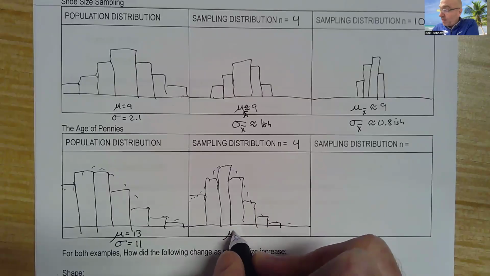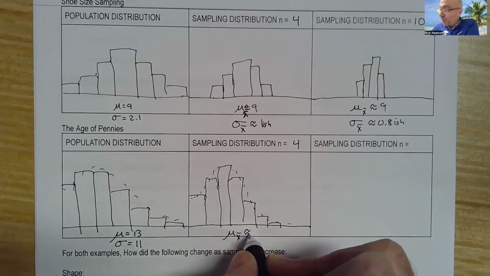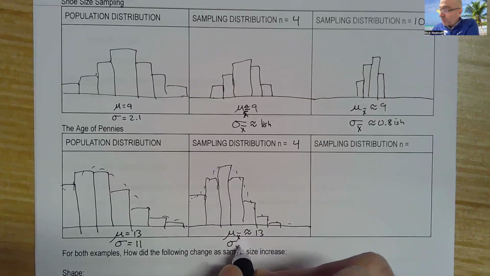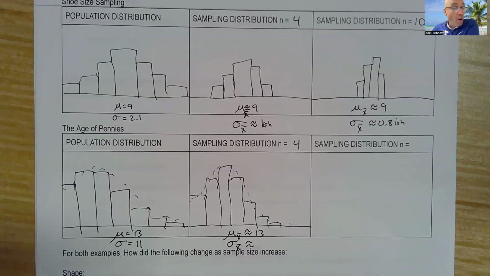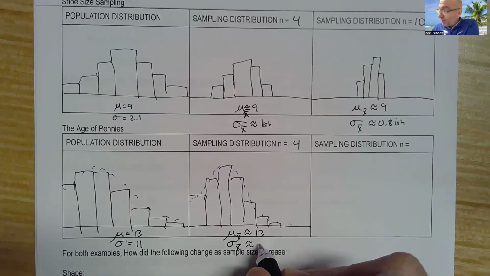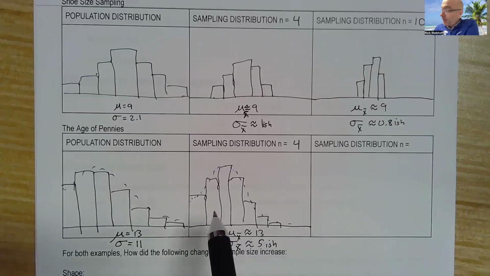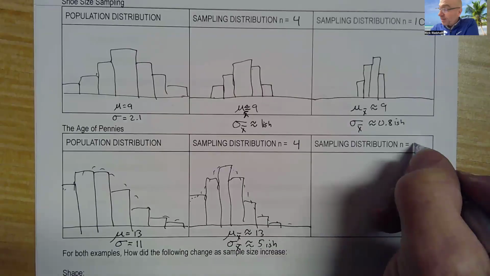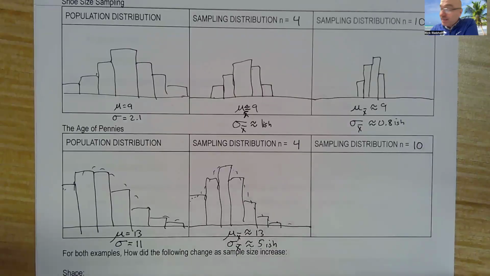Okay, again, the mean of our X bars should be somewhere around 13. The standard deviation of our X bars, we notice, gets smaller and should be around 5-ish. Like 5.5, somewhere in there. Then we did a sampling distribution. I'm going to say we did size 10.